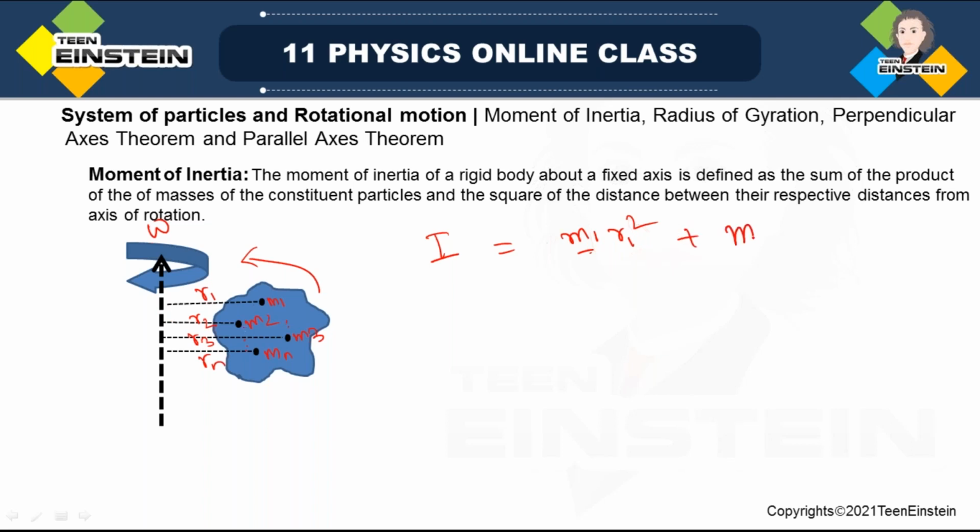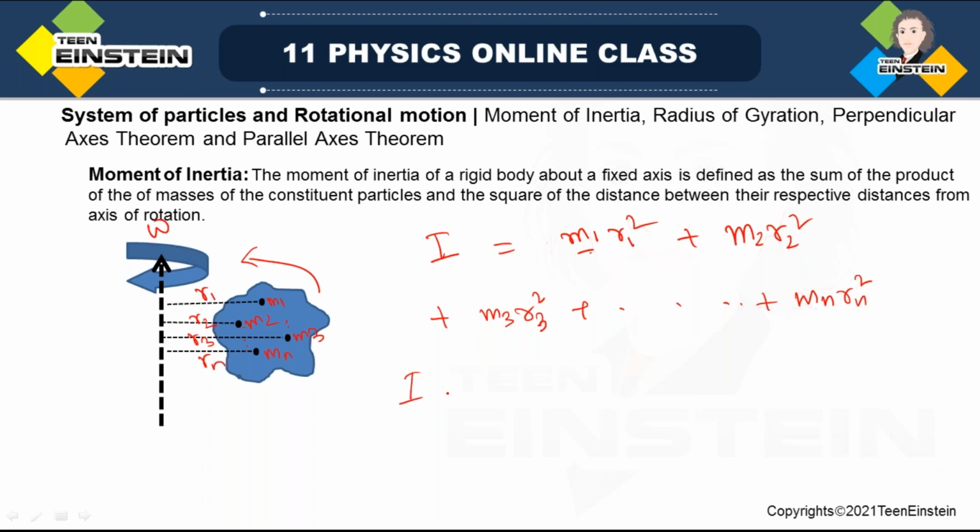If I take m2, then you have m2 into r2 square, the product of the mass and the square of the distance of the constituent particle from the axis of rotation. If I write m3 like this, I can go up to the total number of particles.